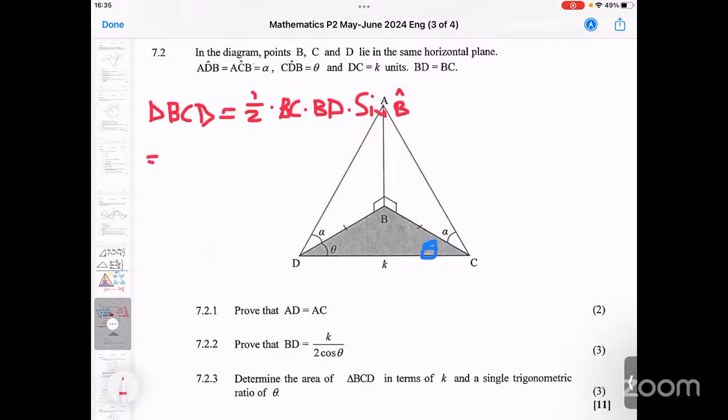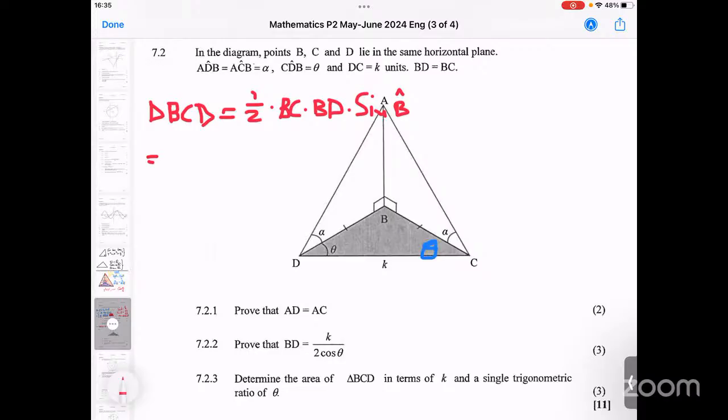Okay, so then, sir, BD equals BC, which is given. And we already know what BD is. We calculated it to be K over 2 cos theta.